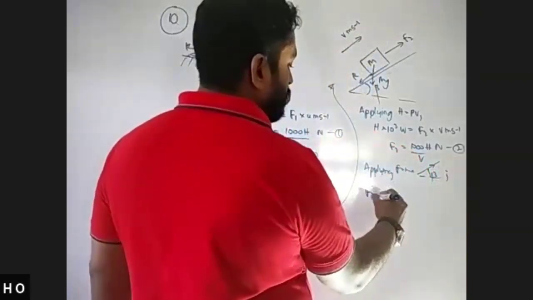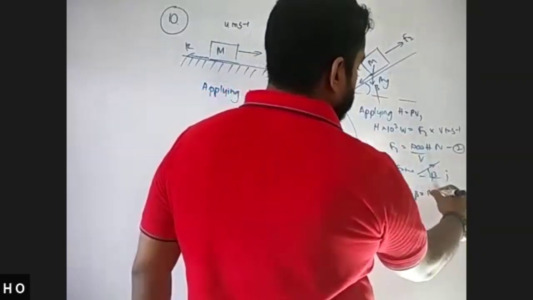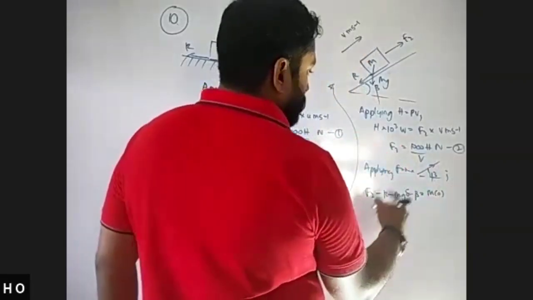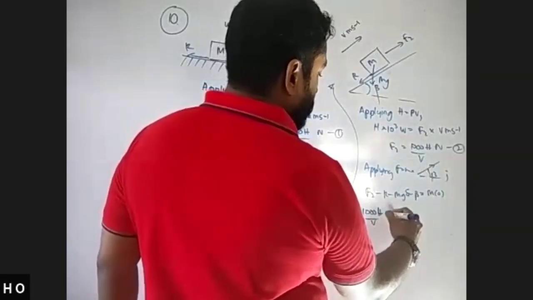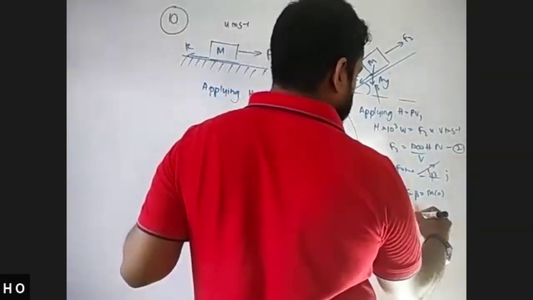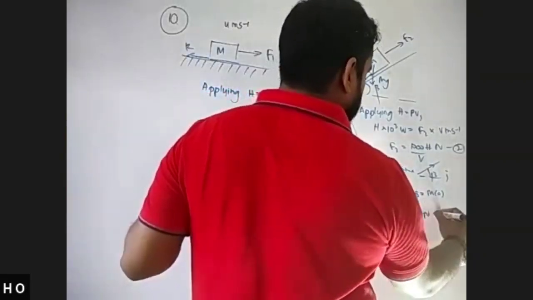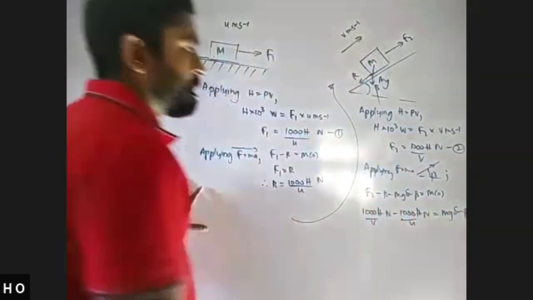So F2 minus mg sine beta minus R equals m into 0. So F2, 1000 h over v newtons, minus R, which is 1000 h over u newtons, equals mg sine beta.